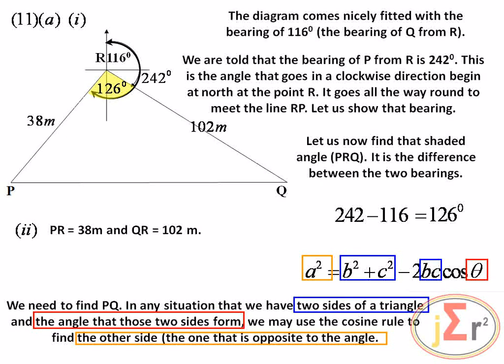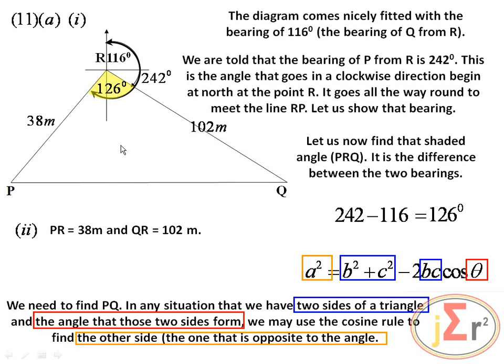In any situation that we have two sides of a triangle and the angle that those two sides form, we may use the cosine rule to find the other side, that is the one that is opposite to the angle. So we have two sides and a known angle. We may find the other side. There's only one other side, and that side is opposite to the known angle.